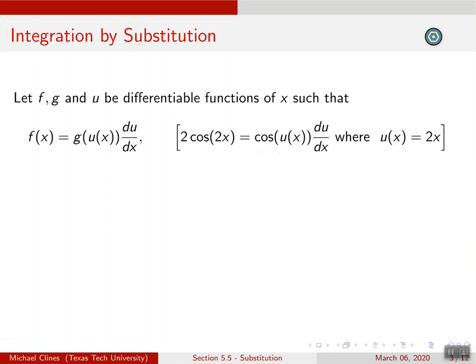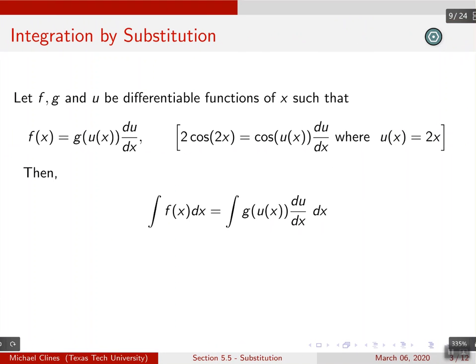So let's suppose we have this scenario. Then the integral of this function f of x is equal to the integral of g of u of x du dx times dx. So in short, take the integral of both sides right here. But notice we have a dx down here and a dx up here.